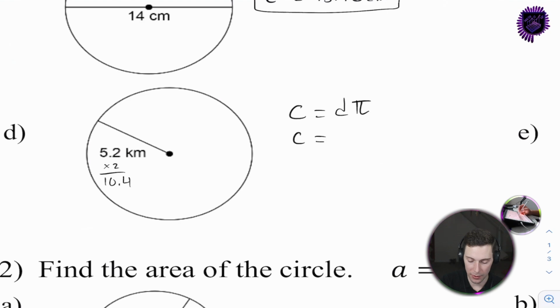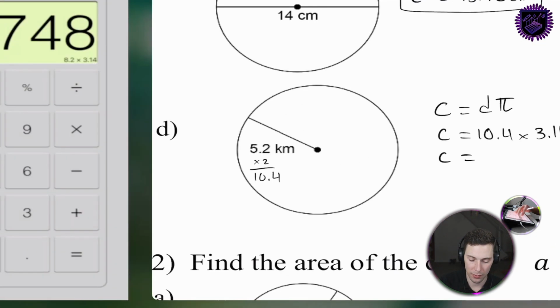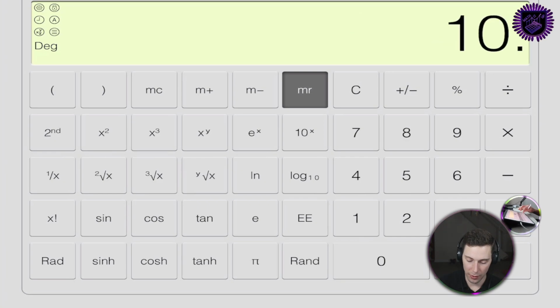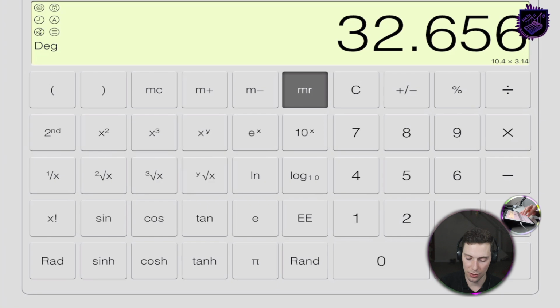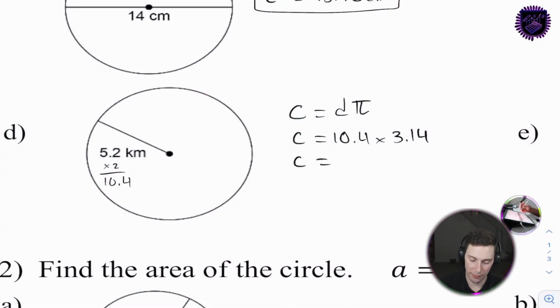Circumference is equal to 10.4 times 3.14, which is a close enough approximation of pi. 10.4 times 3.14 is 32.656. Circumference is about 32.65 kilometers, km, kilometers.